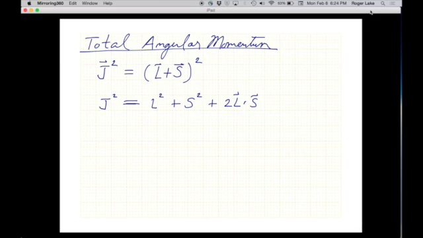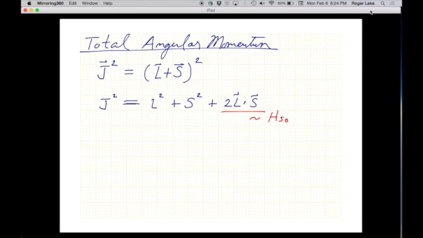And if you notice, this last term here is proportional to our HSO. That's the thing we need the matrix element of. And so we can move the other terms to the left-hand side and solve for this L dot S in terms of J squared, L squared, and S squared. And that's what we're going to do.